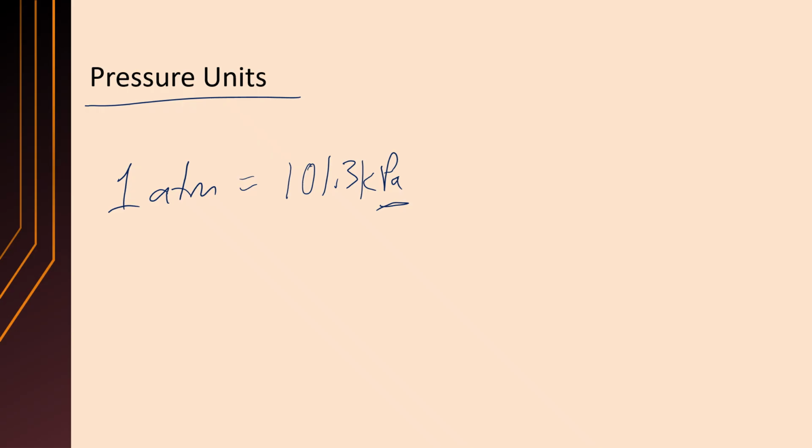Sometimes people will estimate that as 101 kPa instead of 101.3, and that's all right. But we also use units called torr, and there are 760 torr for 1 ATM. And this is the same thing as 760 millimeters of mercury.